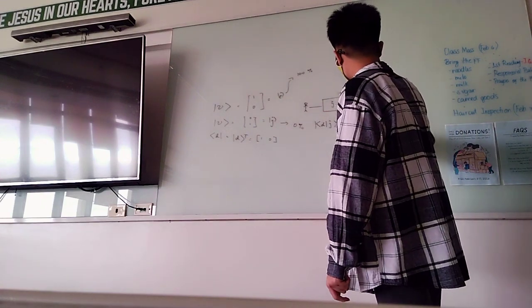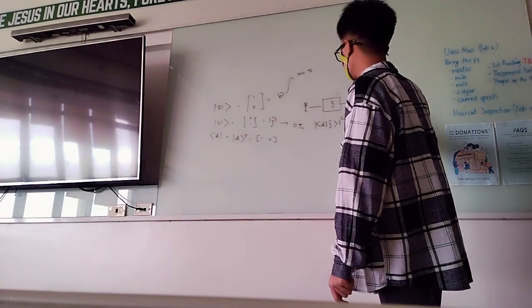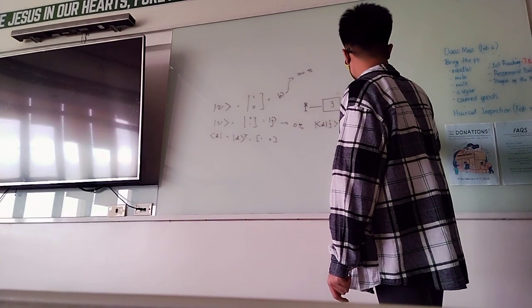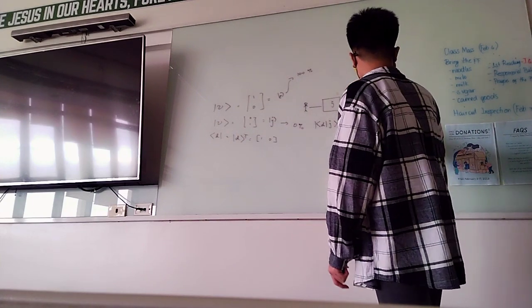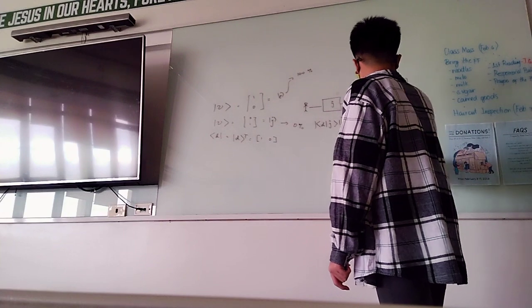So we get the square of 0, 1 dot 1, 0 squared.